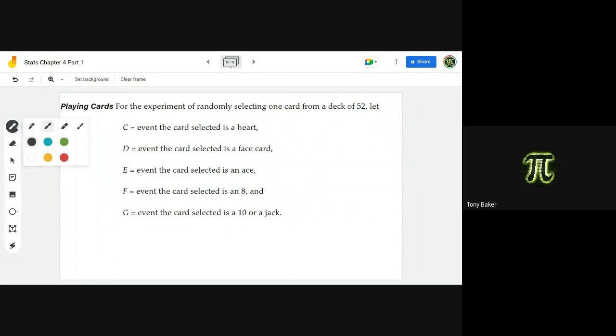No. Because there are face cards that are hearts. So those are not mutually exclusive. C and E.